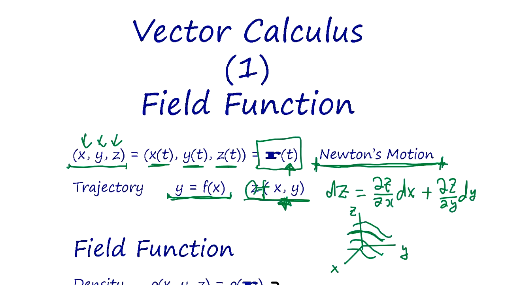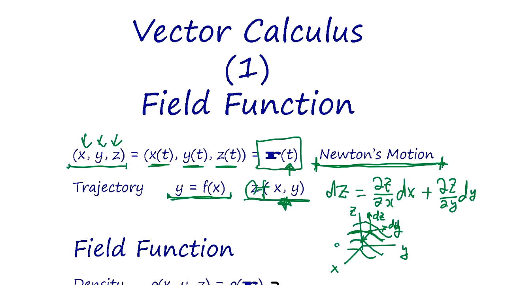Say we take one curve. If this curve is parallel to y, then it shows, for dy, how much the height changes, dz. But actually it's affected by x too.